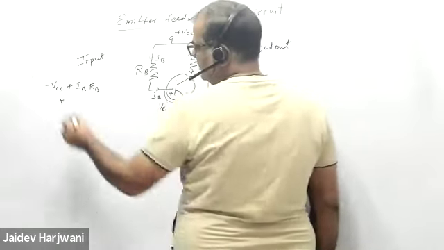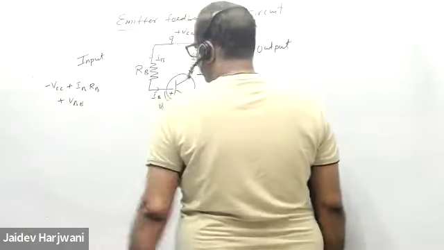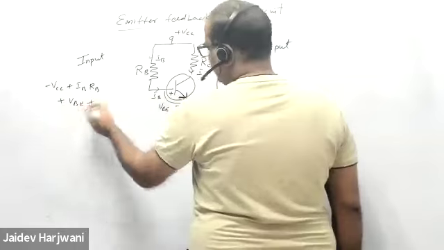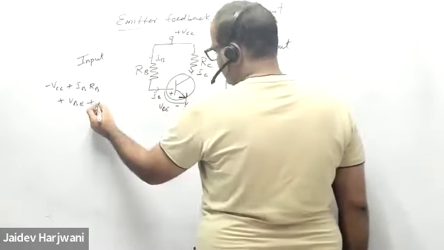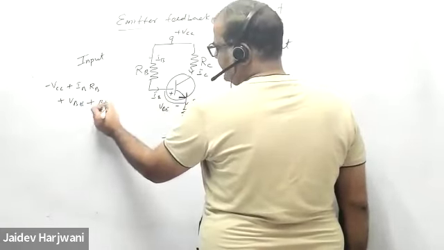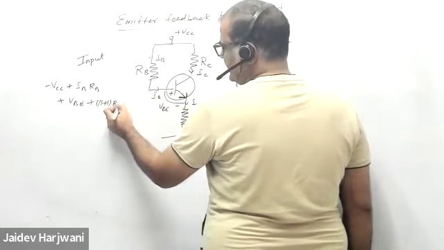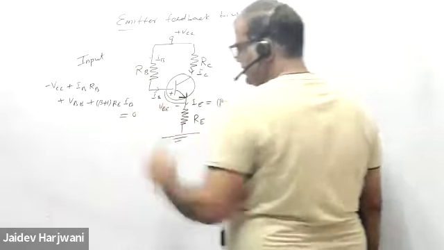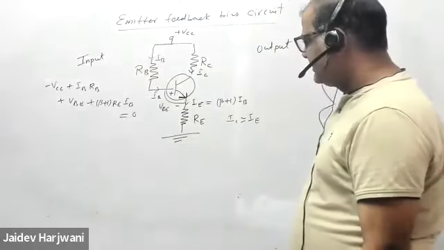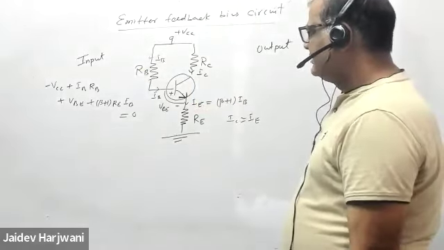Okay, and now minus VCC plus IB RB plus VBE, and then you have IE RE, which I want to write in terms of beta. So I can write beta plus 1 IB RE equals to 0. I hope this is clear to you. IE RE, I'm writing beta plus 1 IB RE.